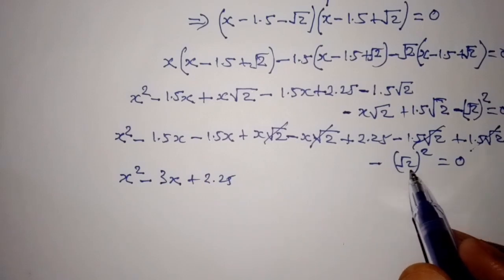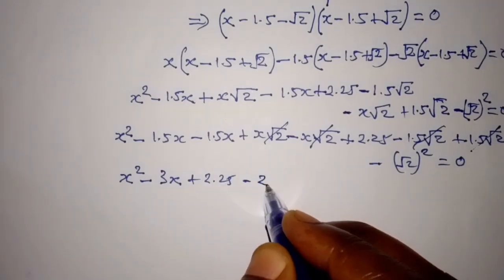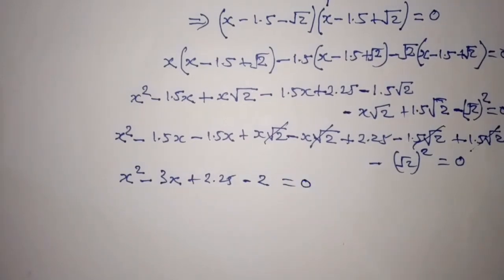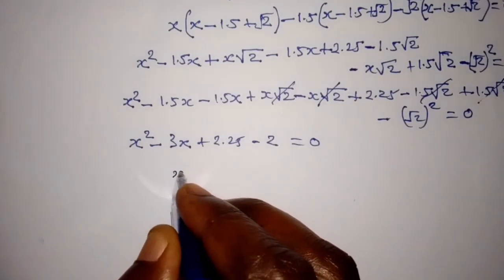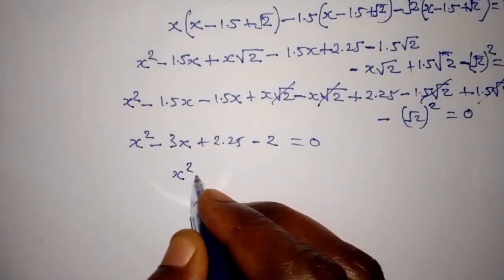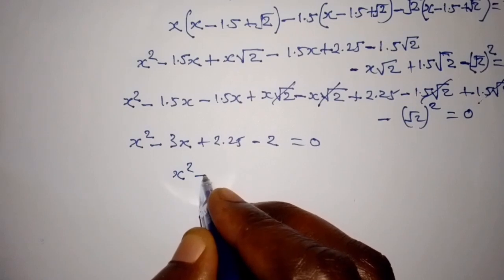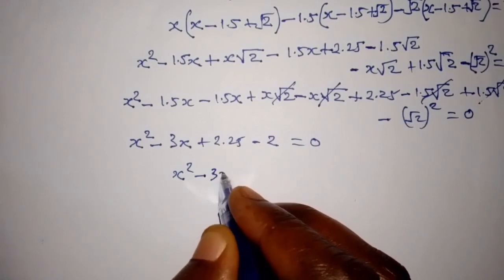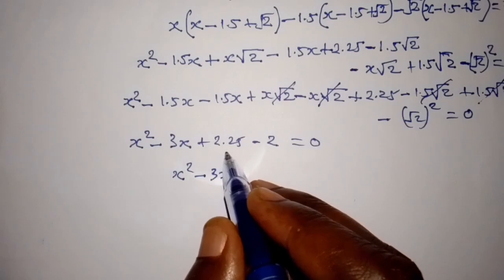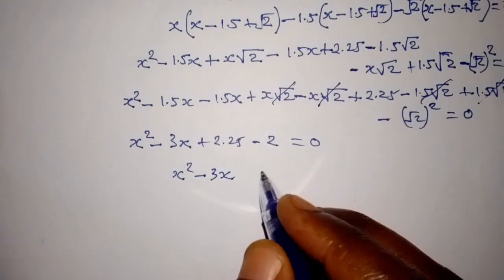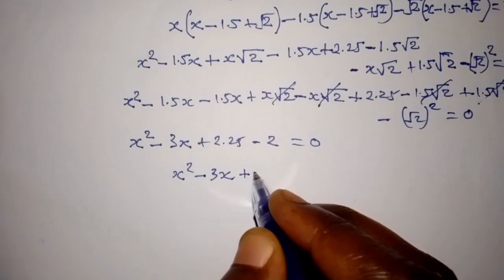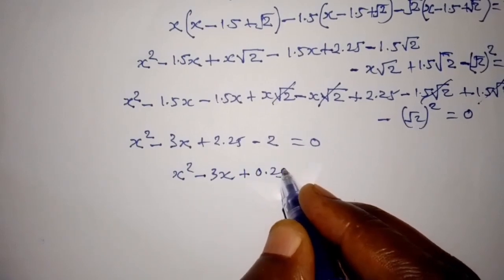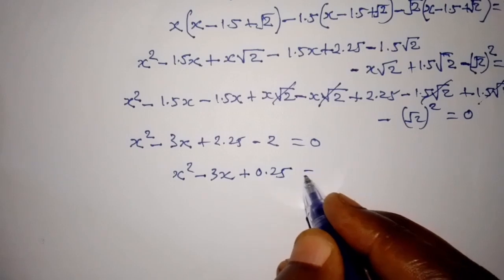Square root of 2 squared is 2. So this is minus 2 is equal to 0. This is giving us x squared minus 3x plus 2.25 minus 2 is giving us plus 0.25 is equal to 0.